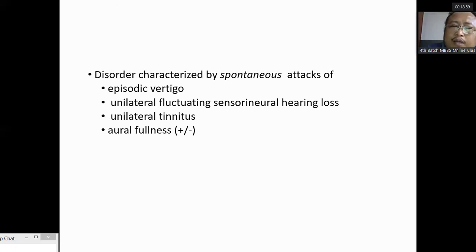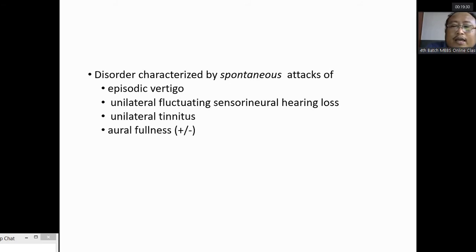The patient might be okay at the time, but suddenly the patient may feel a sense of imbalance. That is the episodic vertigo. Episodic means it doesn't come 24 hours, 7 days, or all the month, but it comes for a few hours or days and then goes, and the patient may have associated auditory symptoms.